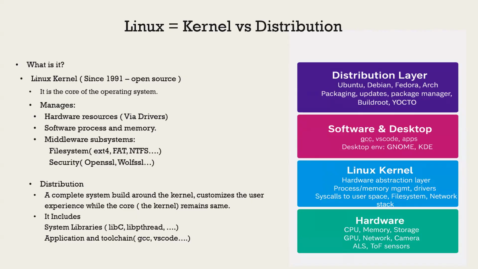Then software processes and memory. When you're seeing, I'm displaying something here. So basically, I'm running a PowerPoint now. That's basically a process. This process is also managed by the kernel, because in the background, a lot of things are running in the system. Because I'm speaking now and my voice is getting captured by microphone and it is getting transmitted over the air and received by the Bluetooth transceiver in the system, and then it's getting converted into the data stream, which is getting pumped over the Ethernet, and it's getting pumped out of the system.